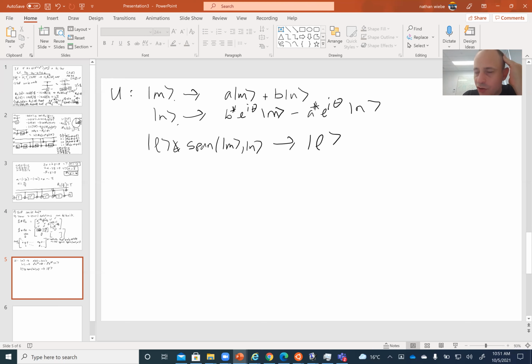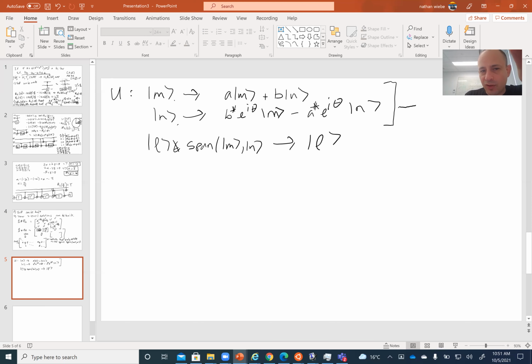The intuition that I'm going to be using in this proof, and you can use the Nielsen and Chuang proof if you like that better, is that this over here is actually just going to be a two-dimensional rotation, or a two-dimensional unitary.